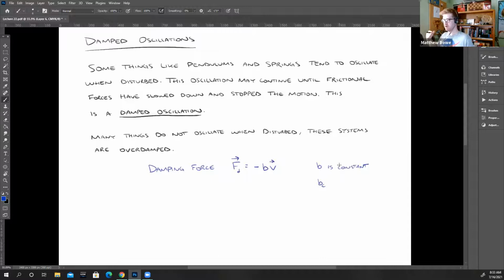So if things are damped, say I slow this down a bit with some damping, it has a damping constant. There is a critical level, B sub C. Let me write it out first. 2 m omega naught.